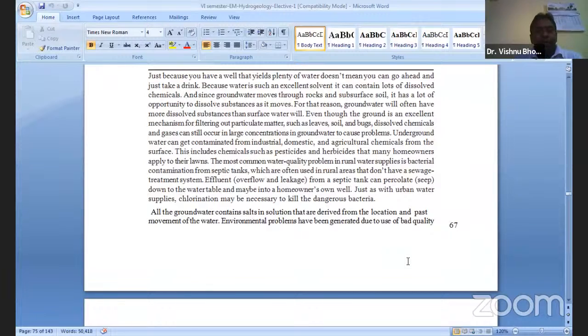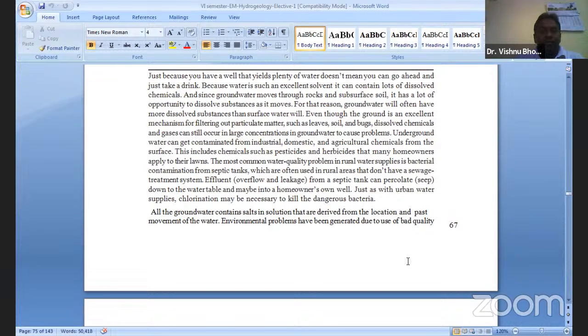Groundwater moves through the rocks. Under the earth surface, in the subsurface of soil, it has a lot of dissolved substances when compared with surface water.